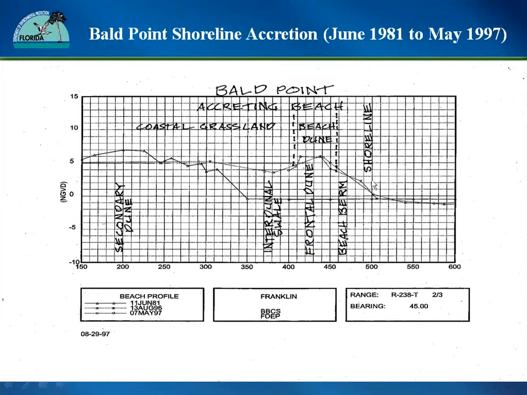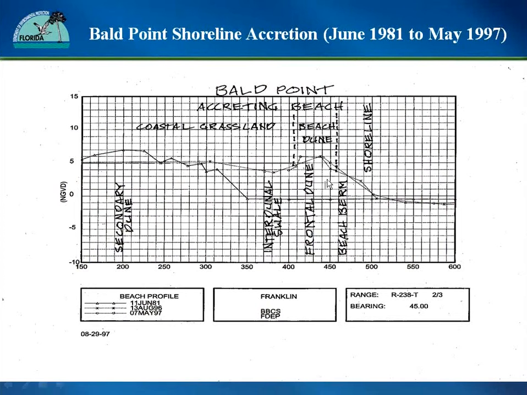And so the following year, in 1971, the legislature legislated what then was called the Coastal Construction Setback Line. It is the predecessor to the Coastal Construction Control Line program.